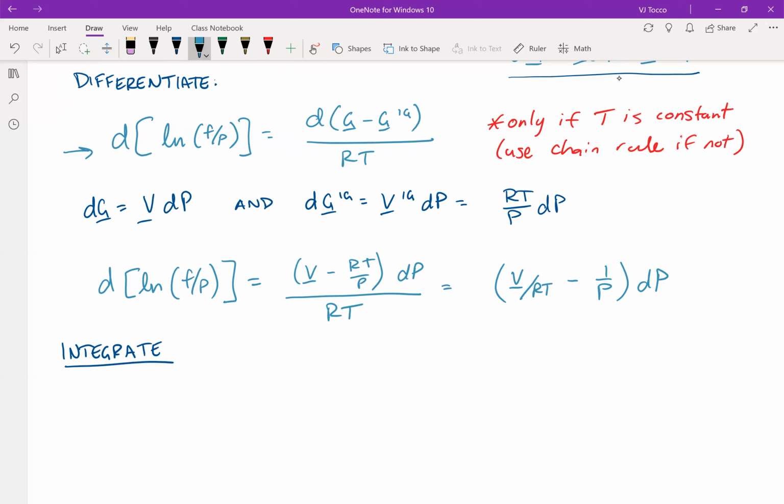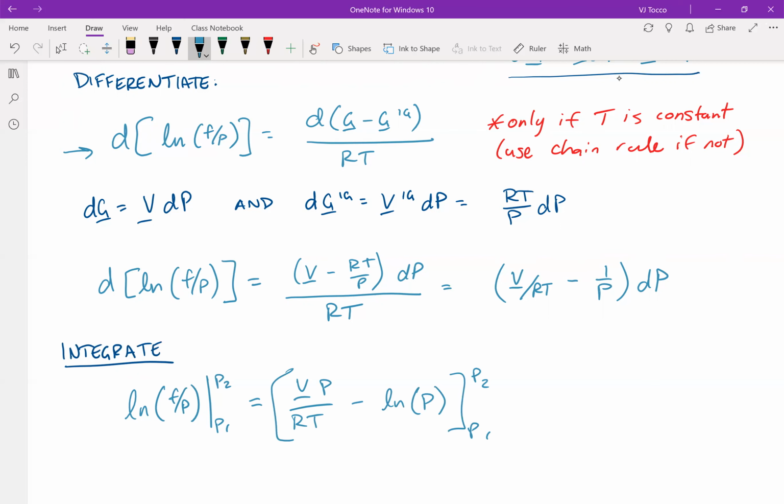Taking the derivative of this term just gets me this back again. ln of f over P from P1 to P2 is equal to, I have a constant here, so it's V P over RT. I wrote that backwards, it's usually PV over RT, but this will work. Minus, I've got an ln of P now because it's 1 over P. And this whole thing is being evaluated from P1 to P2.